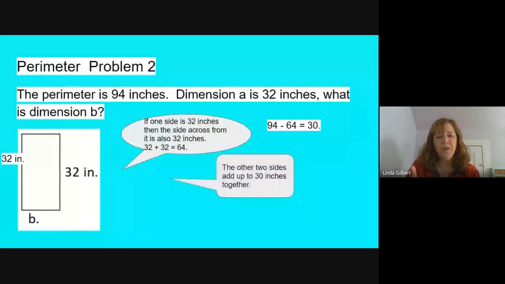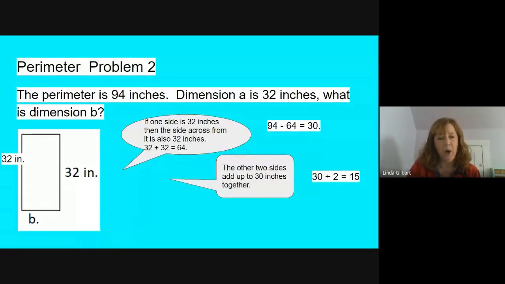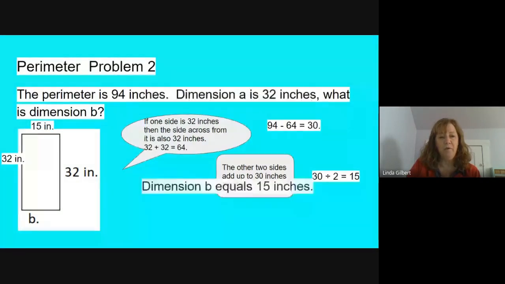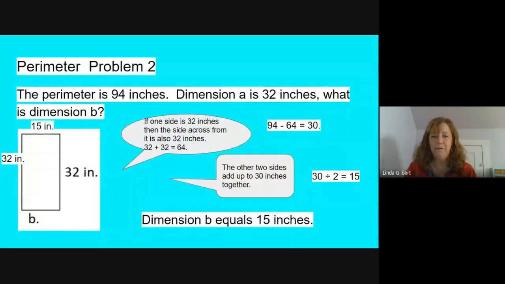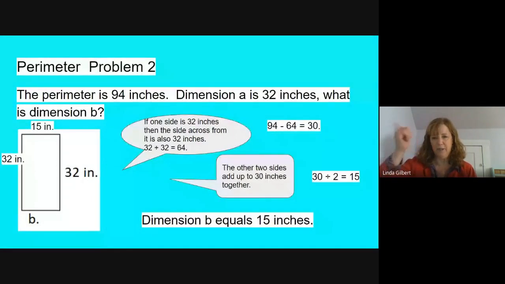And the other two sides add up to 30 altogether. So I have to divide that 30 into two equal parts. The top and the bottom are both 15. Dimension B is 15 inches. I see Mason agrees with me. Some others agree. Good. Nice job.